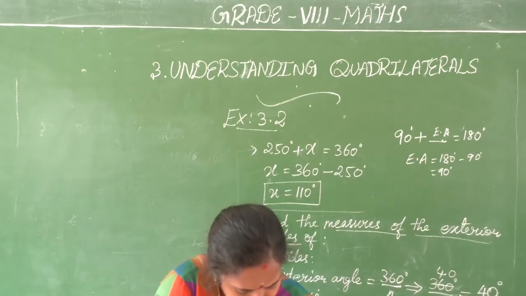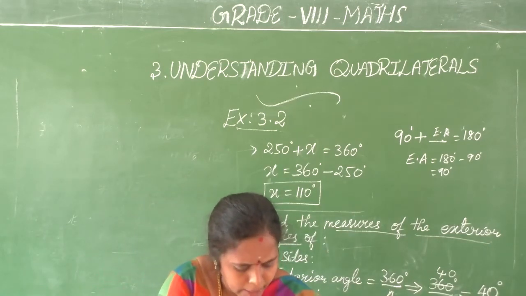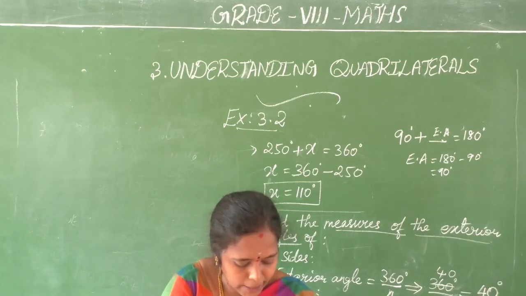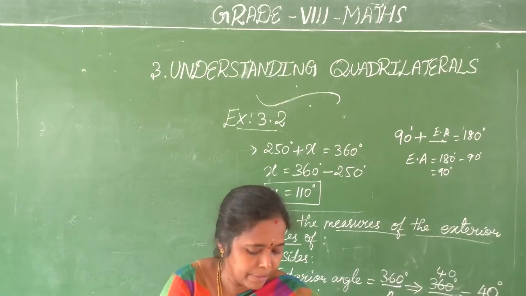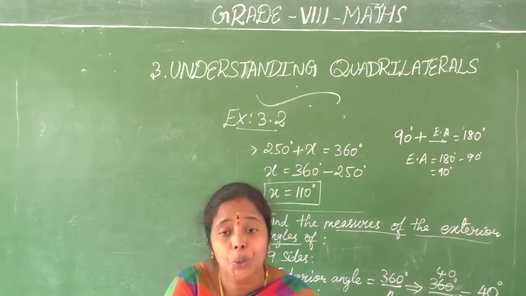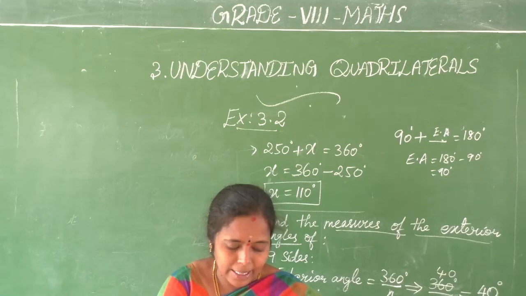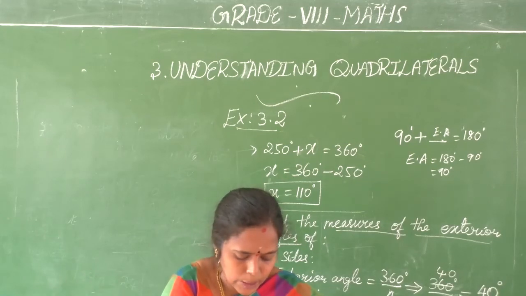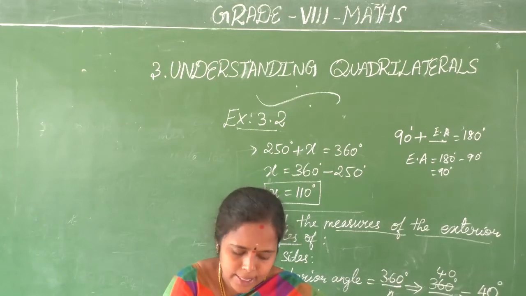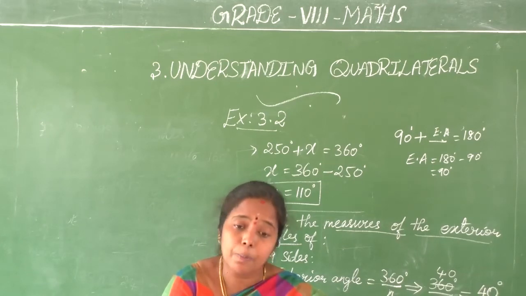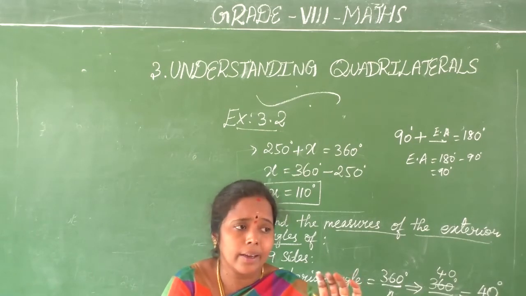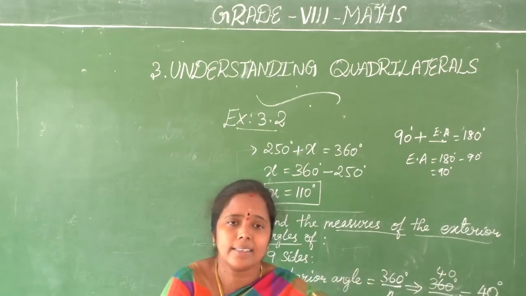See, next, the fifth question. There are two questions. What they asked in the first one is: is it possible to have a regular polygon with the measure of each exterior angle as 22 degrees? Clear? They are asking in this way. Regular polygon, as I said, means all the sides and angles must be equal.